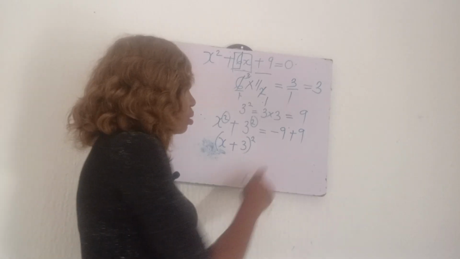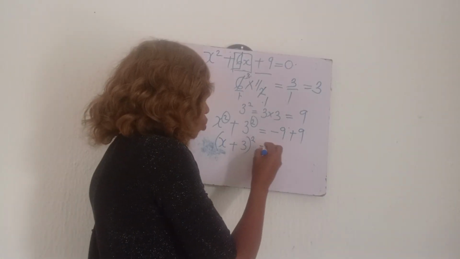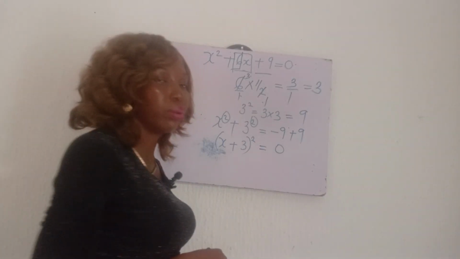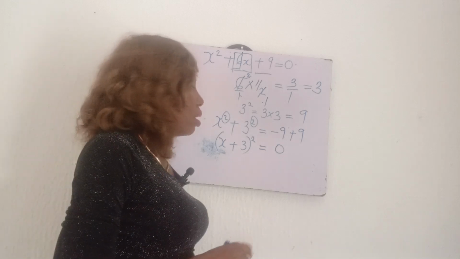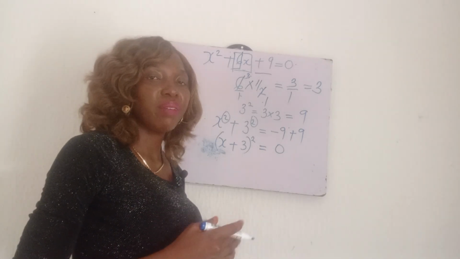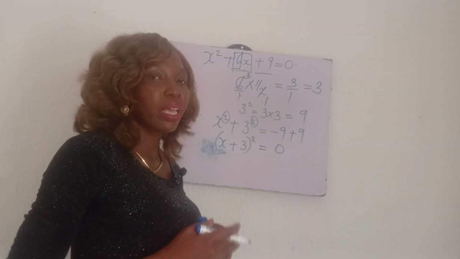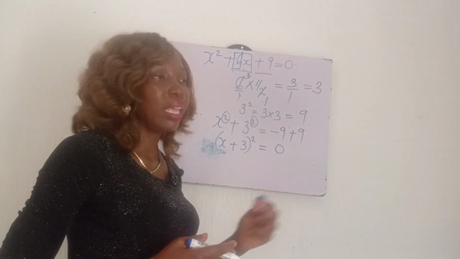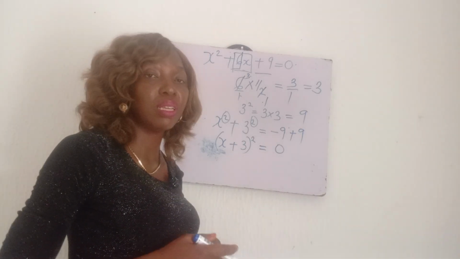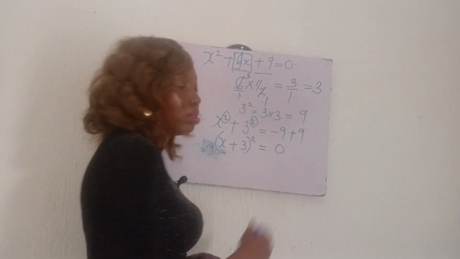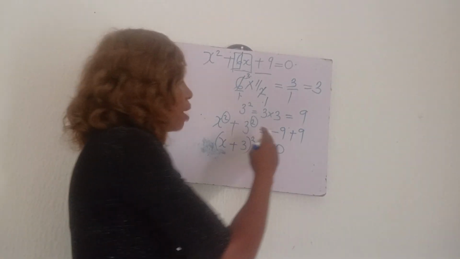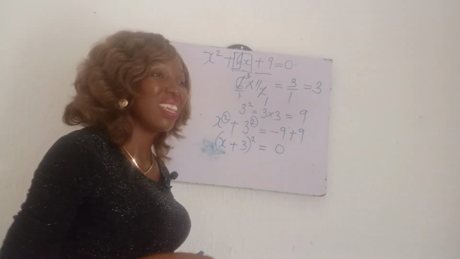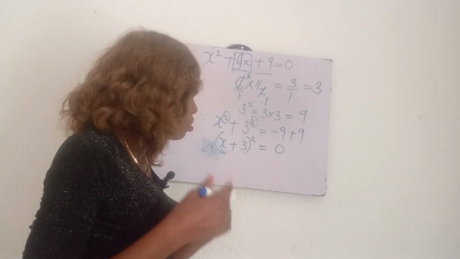So this will be equal to minus 9 plus 9, which will be equal to 0. Why is it 0? It is 0 because I am owing 9 things and I have 9 things. If I give the person I borrowed from my 9 items, it means I'll have nothing left. That is why minus 9 plus 9 is equal to 0. And minus 9 plus 9 is the same thing as 9 minus 9, which is equal to 0.